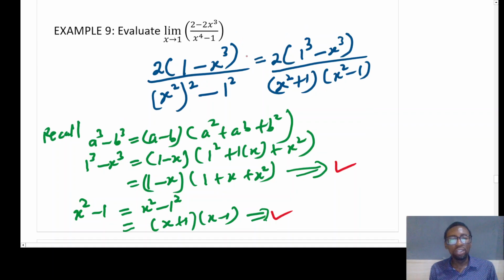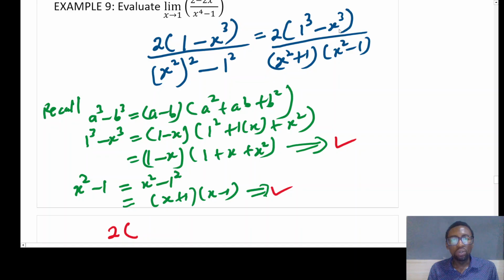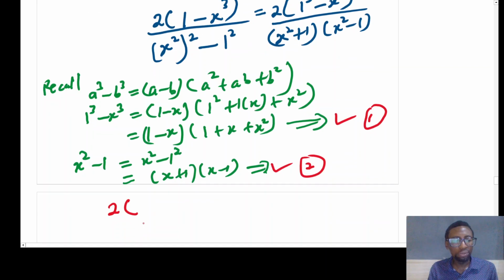Now I have 2 brackets. So I will now end up having 2 brackets. What do you get for 1 cube minus x cube? Now we got this first thing. Let's call this one 1. It's not an equation, so don't be scared, I just call it 1. So let me put 1 up.